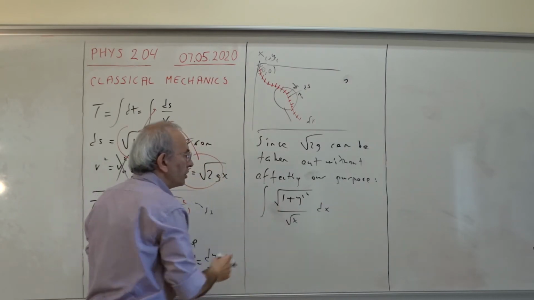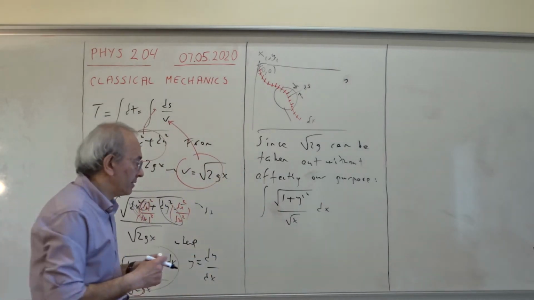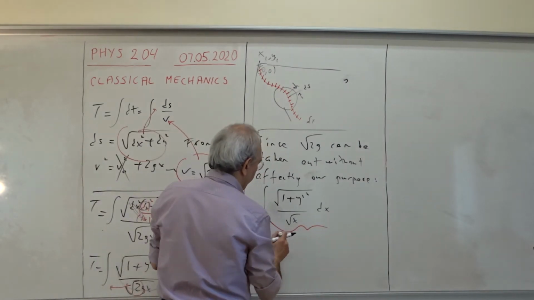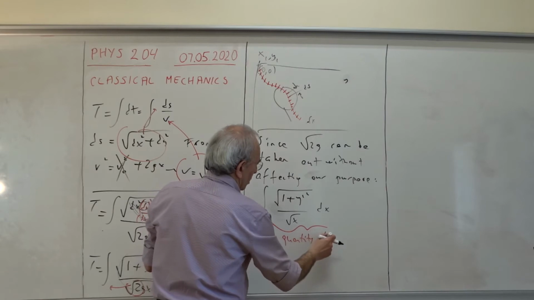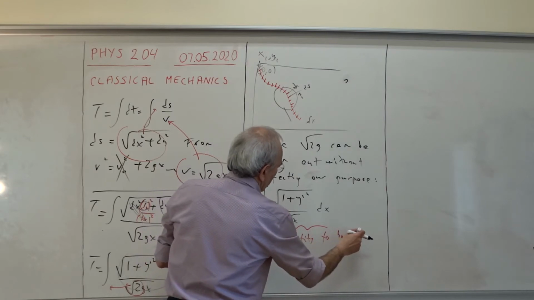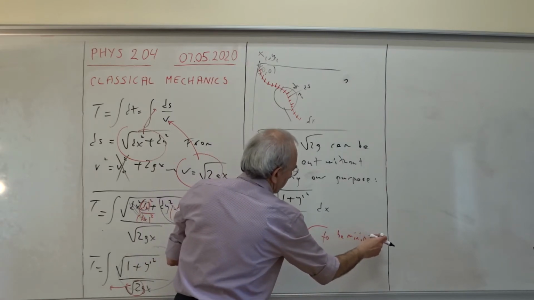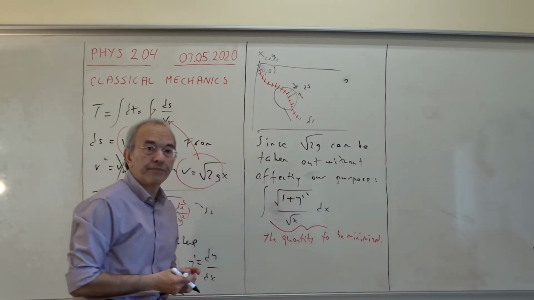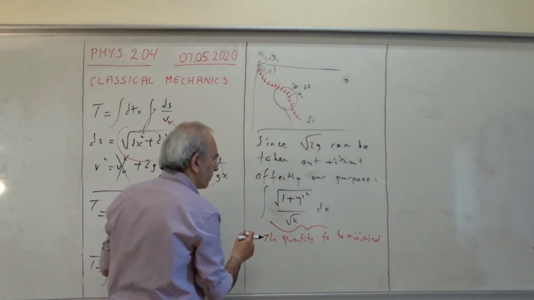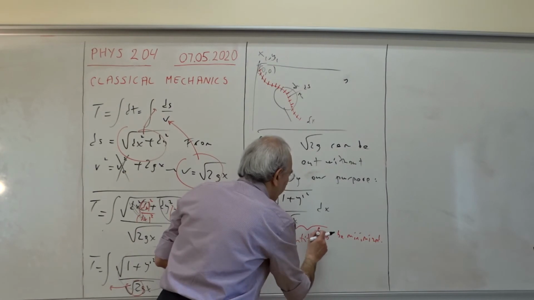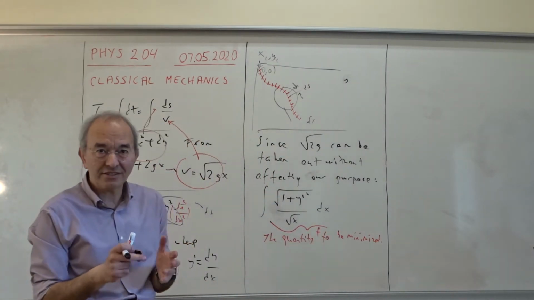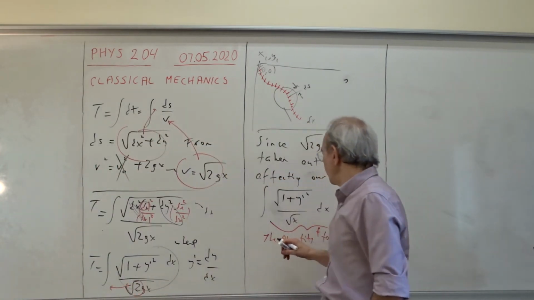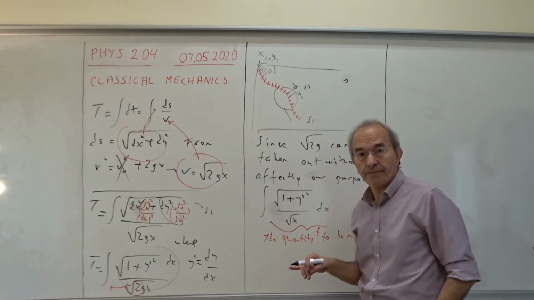And this is the quantity to be minimized for this purpose. Let's call it f. Quantity f. It is not a Lagrangian. There is no kinetic or potential energy, etc. It is a certain functional f.